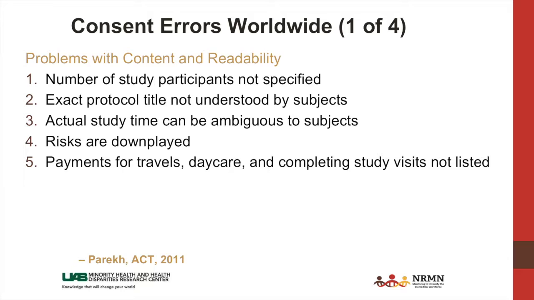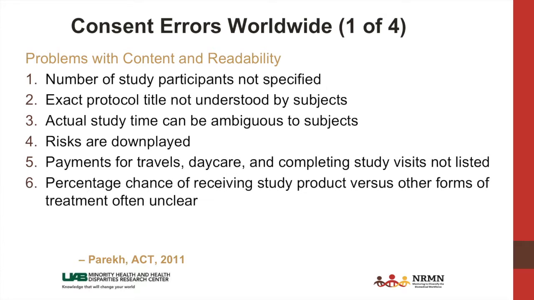Daycare, completing the study visits are not listed, whether there are, we may recall, any compensation to assist the participant. Percentage chance of even receiving study products versus other forms of treatments are often unclear, right? Remember, one of the elements is, what are the alternatives? All right, other than what we're about to test.